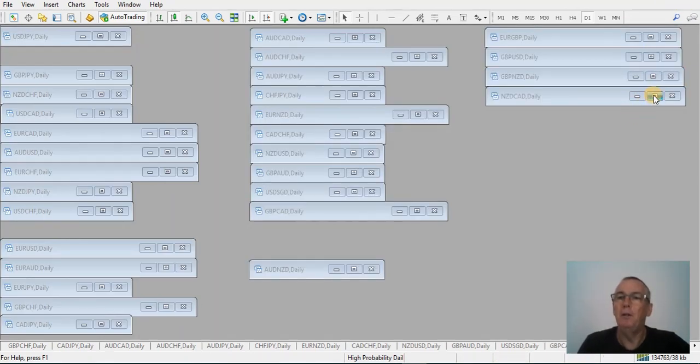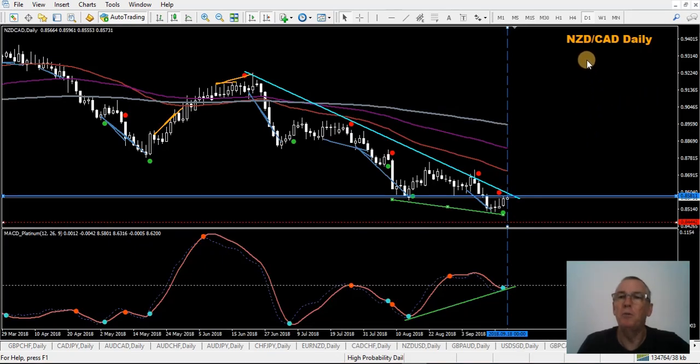And the one and only new trade this morning was a buy on the New Zealand CAD. Remember, I've now switched this high probability over to a demo account, which I'll show in a second, just to try and drill down my trade management and position size a bit more precisely. This is a high risk trade. You can see the MAs are going down, so we're trading against the trend.